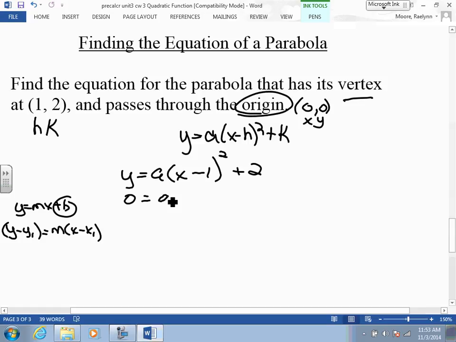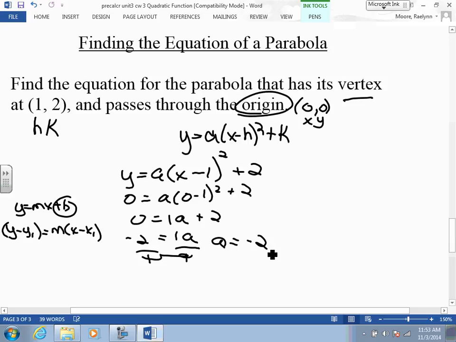Plug this in. What is 1 squared? Negative 1 squared. Subtract 2. Divide by 1. Well, you don't even have to divide. You would if you had to. Now, remember, plug this back in.